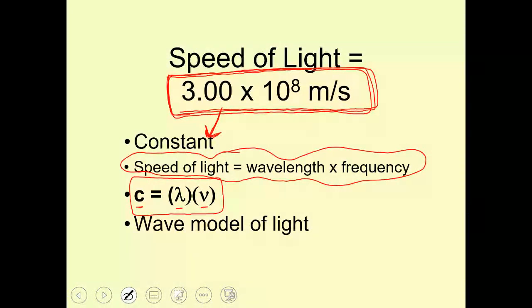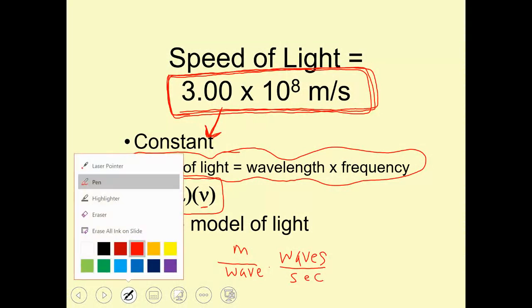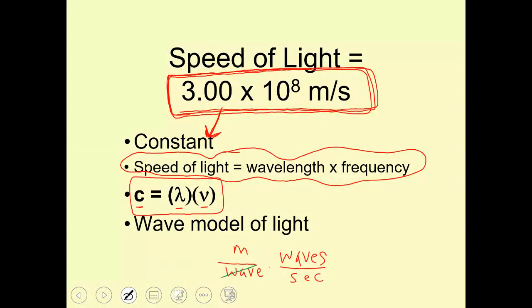The wavelength is how many meters per wave, and the frequency is how many waves there are per second. If you multiply those, then the wave cancels, and look what your answer is: meters per second. Well, that's the speed of light.